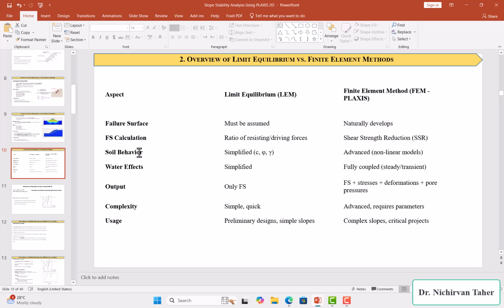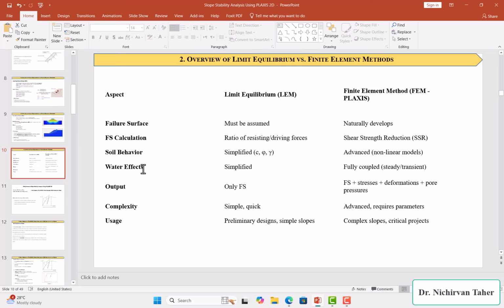The soil properties which we need in the limit equilibrium method are simple, which are cohesion and internal friction angle of the soil, also unit weight. But in the finite element method we need advanced soil parameters, because most of the soil constitutive models are non-linear.